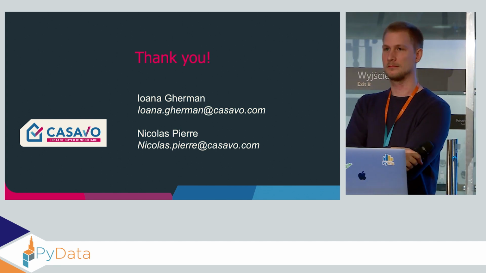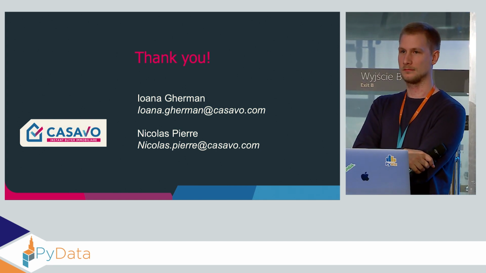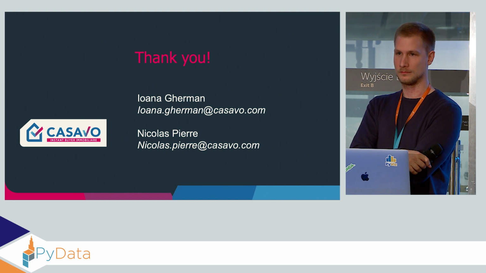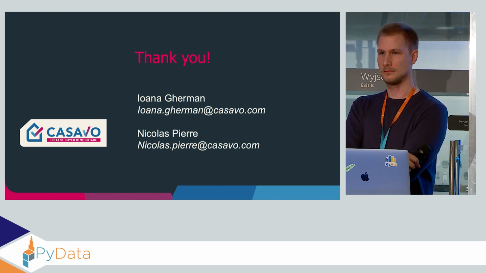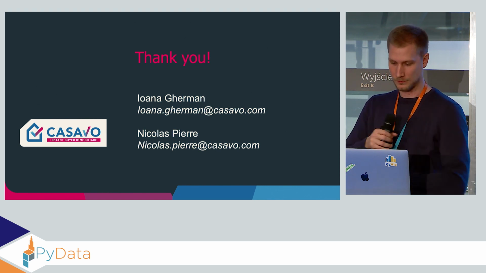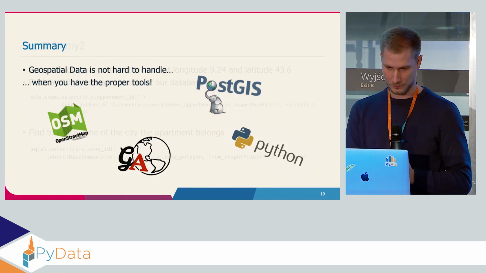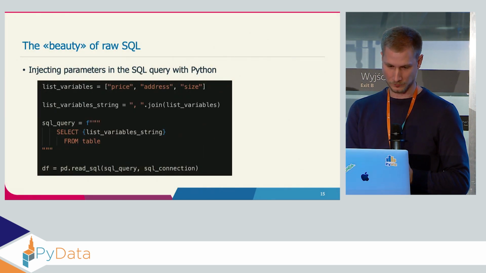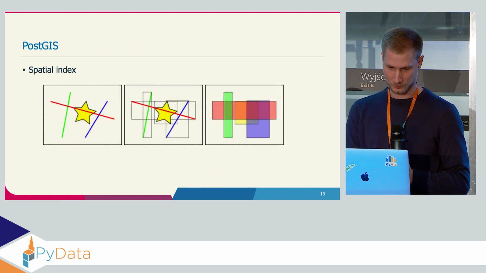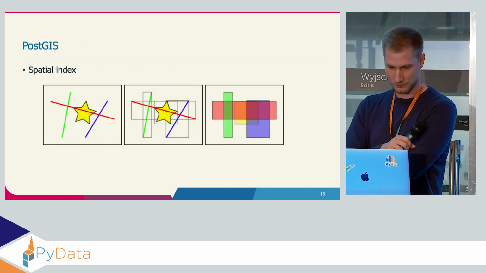Hi, I have a question about the bounding box you showed to improve the performance of the calculation on the database. You showed the picture of the star and the bounding box, which shows that the boxes overlap, but the figure and the blue line do not cross.